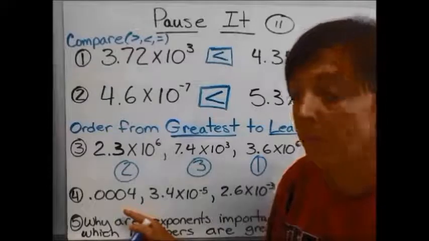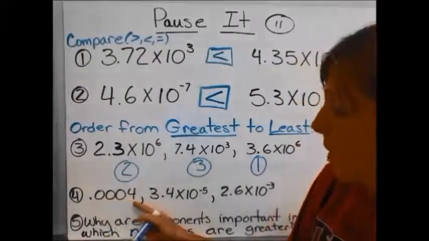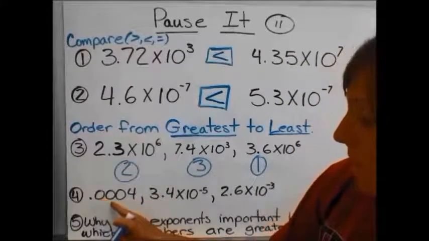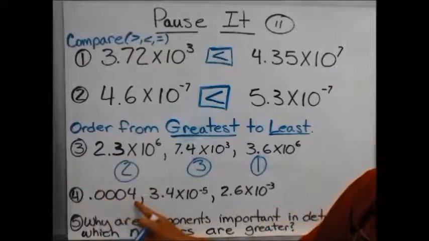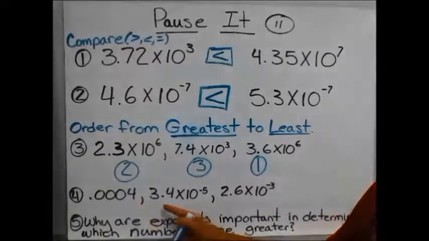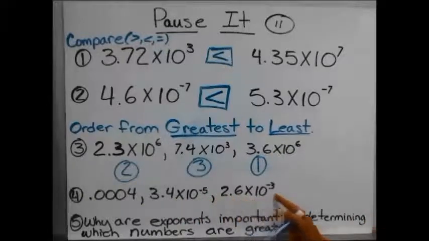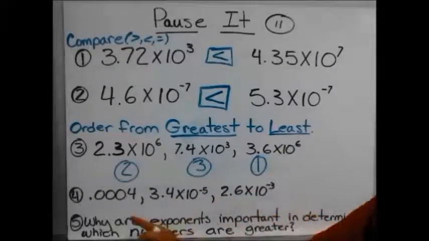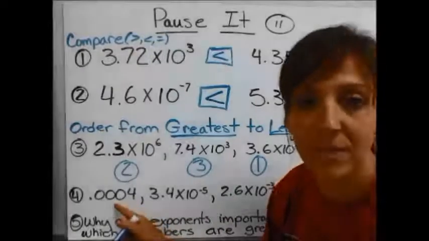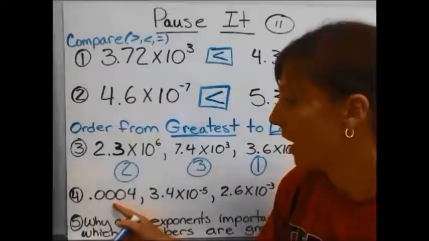Number 4, I have 4 tenths, hundredths, thousandths, 10,000ths. 3 and 4 times 10 to the negative 5th, and 2 and 6 times 10 to the negative 3rd. First thing I'm going to do is try to figure out what this represents right here.